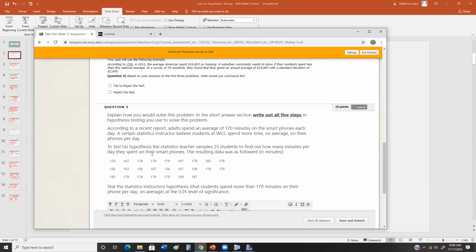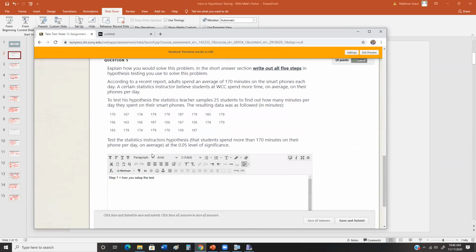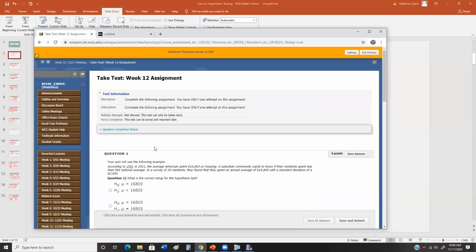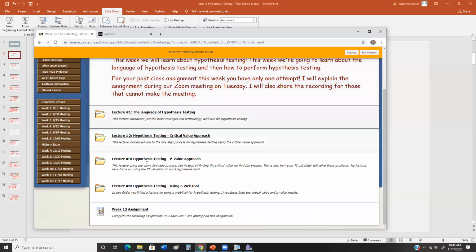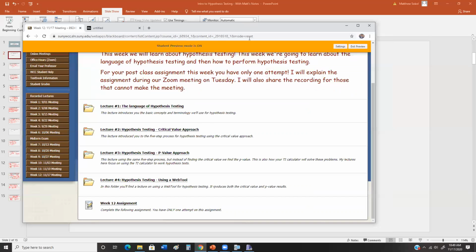Question number 5, you can do either way, the p-value approach or the critical value approach. So if you just wanted to get the critical value out of the way, do that, and then watch the p-value approach, or you can watch the p-value approach first. When we come together in 2 weeks, I'm going to do an example or two of the p-value approach. And then when we do hypothesis testing for proportions, I'm only going to use the p-value approach. Okay, thank you.